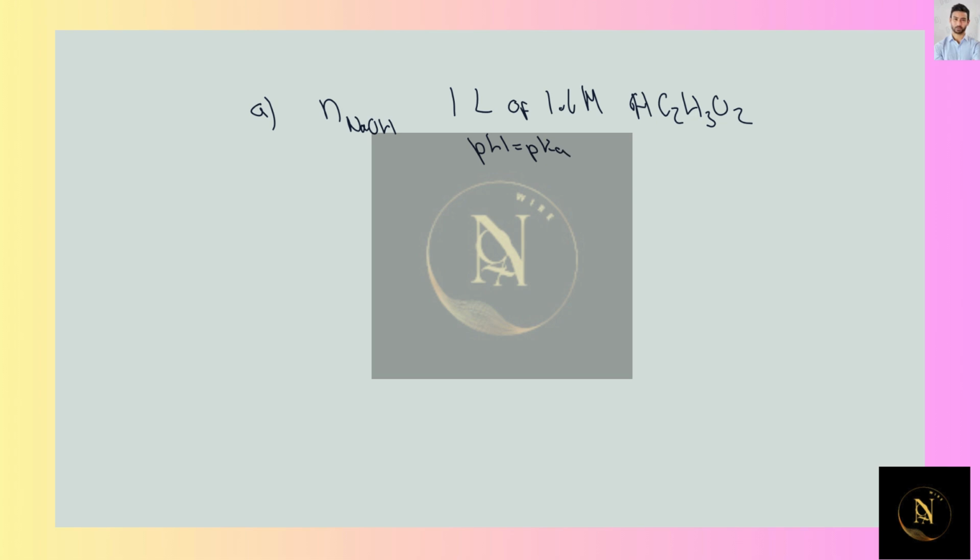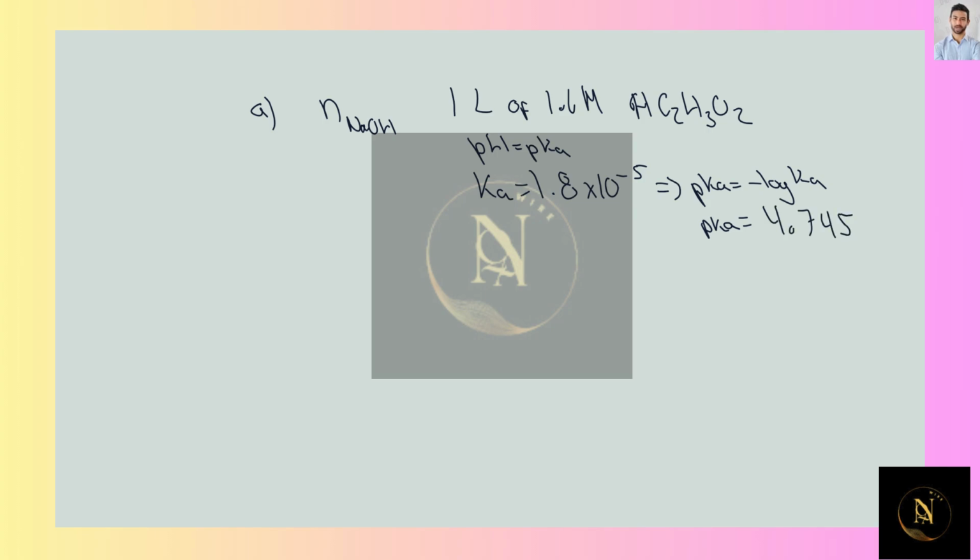So for this problem, we're given that the Ka is equal to 1.8 times 10 to the minus 5, which corresponds to a pKa, which is the minus logarithm of Ka, equal to 4.745.